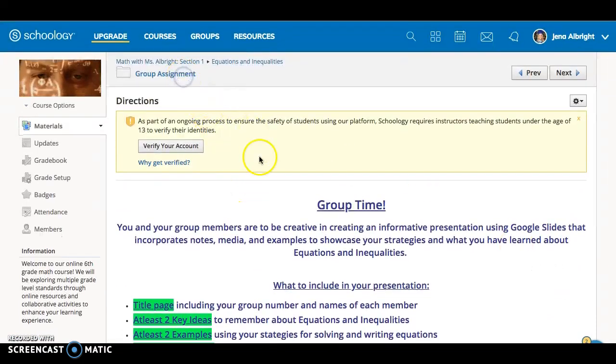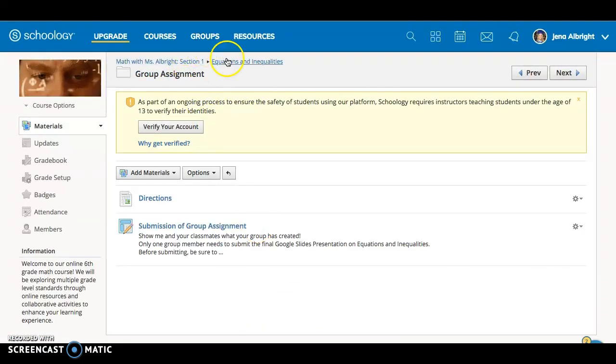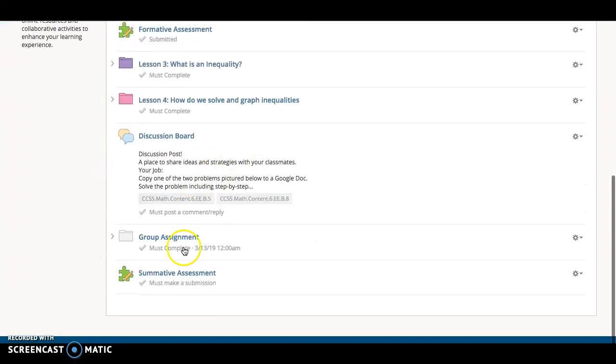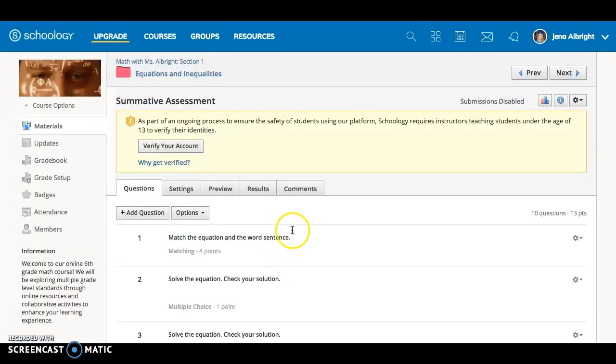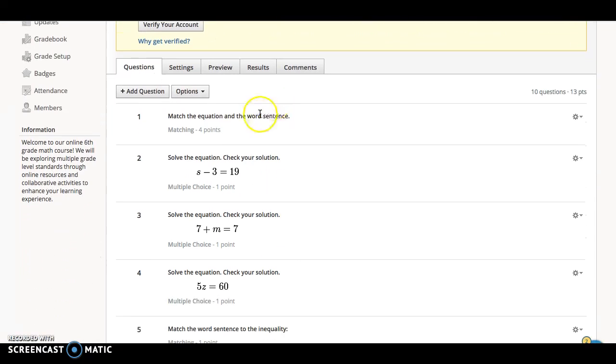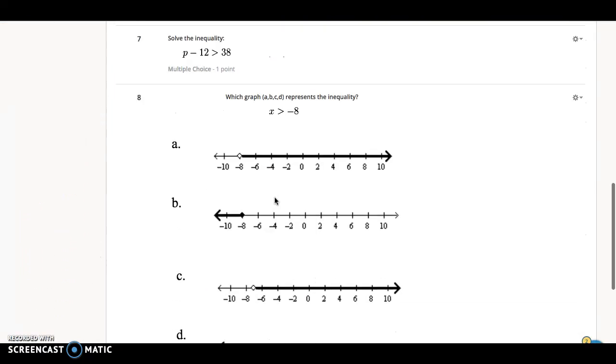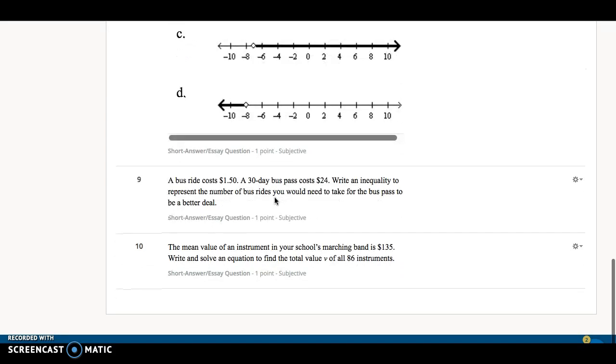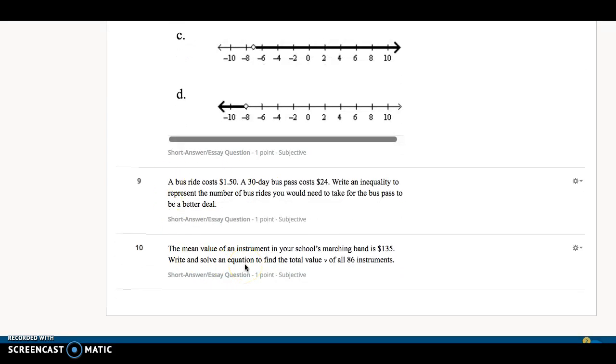And finally, we have our summative assessment at the very end. That incorporates equations and inequalities through matching and multiple choice questions, and some short answer word problem questions at the end.